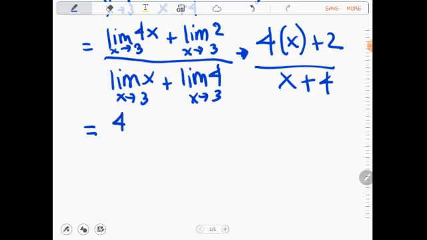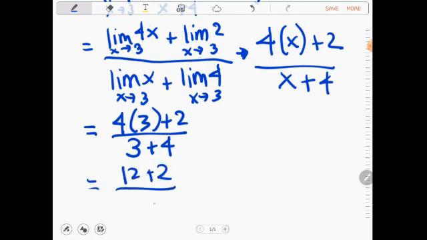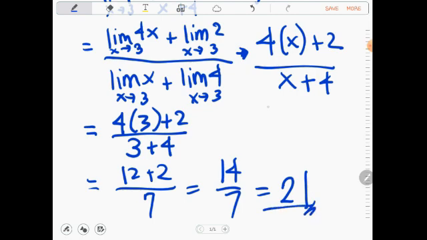And this would be equals to 4 times 3 plus 2 all over 3 plus 4. This will give us 12 plus 2 all over 7, and that is 14 over 7, or simply that is equals to 2. If you try the value of x is equals to 3, ito yung lalabas. Kaya lang kapag nag-try ka na yung x value ay 1.99 or any number nearest to 2, ang lalabas din ay malapit din siya sa exact value na 2. Okay? So pwedeng 2 point something or 1 point something yung lalabas.